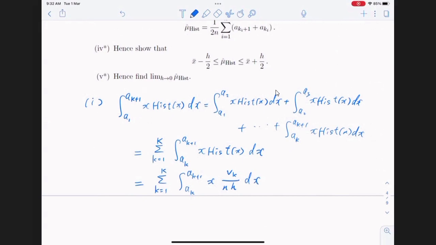Now once you can write down this expression, what you need to do is just to do the integration step by step.